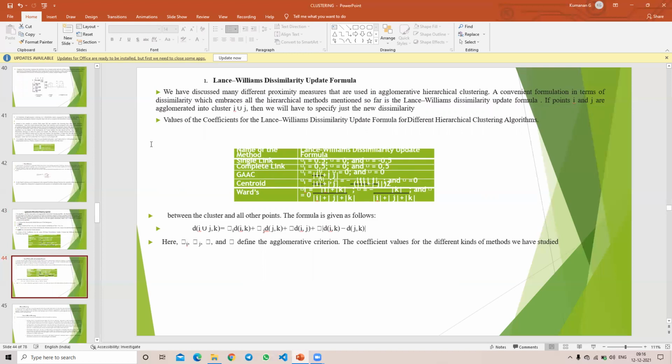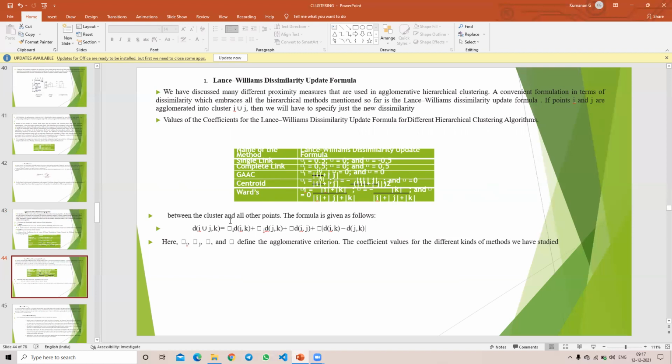If points I and J are agglomerated into cluster I union J, we only have to specify the new dissimilarity. These are the values of the coefficients for the Lance-Williams dissimilarity update formula. Sorry, I only copied this table in this slide by mistake; we saw this table in the previous slide also.